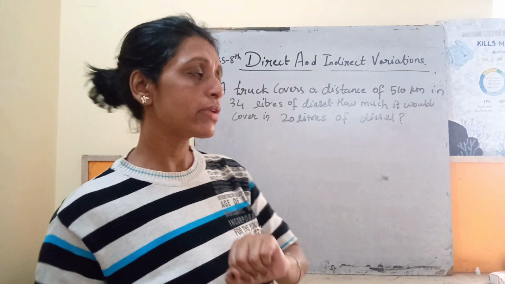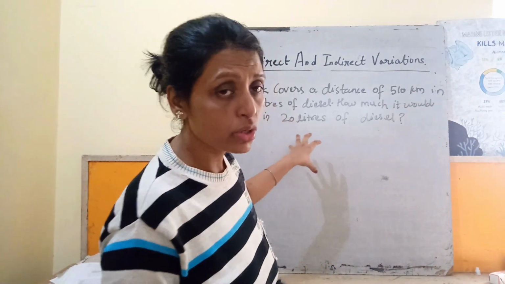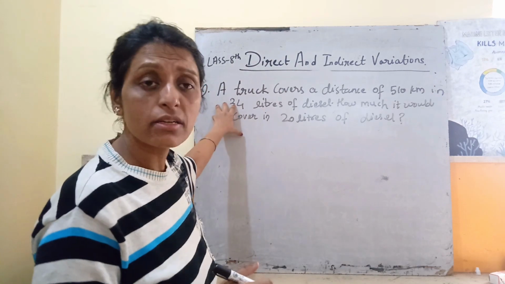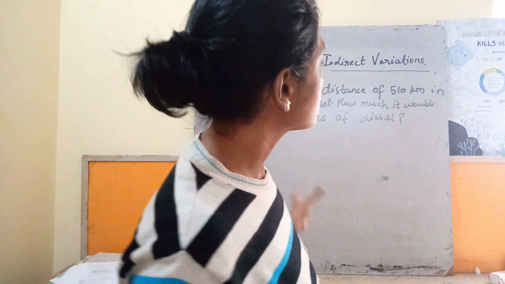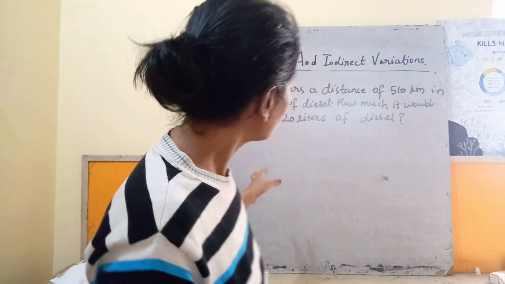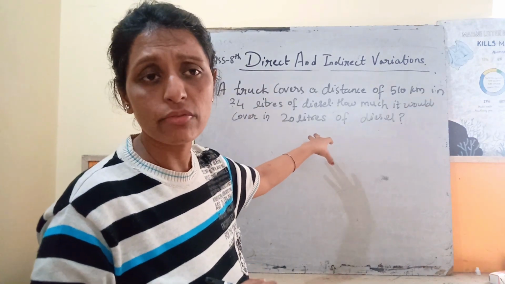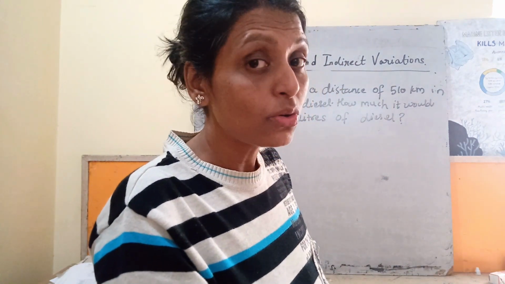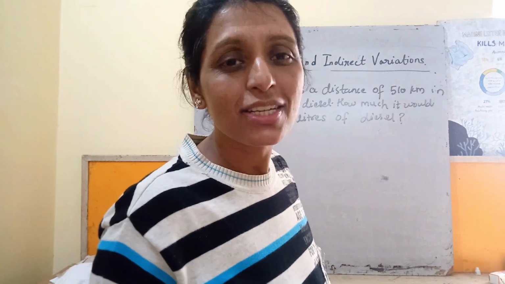First we have to make out whether this is direct variation or inverse variation. If it is 34 liters of petrol, the distance traveled by this truck is 510 km. So the more the quantity of petrol, the more the distance traveled. Now the truck travels in 20 liters, so the quantity of petrol has decreased, and the distance traveled by the truck will also decrease.